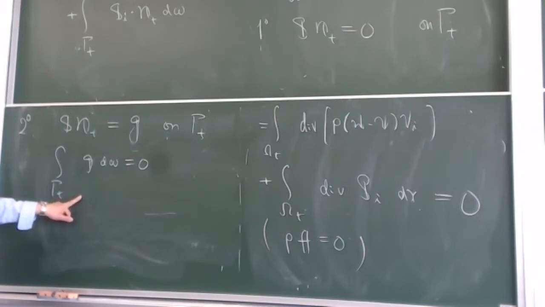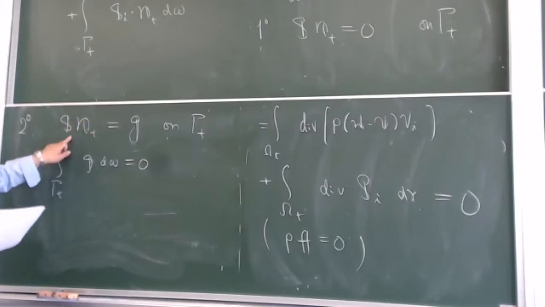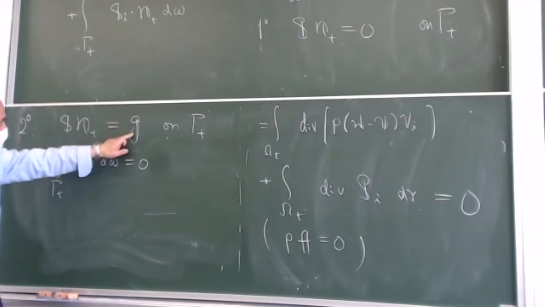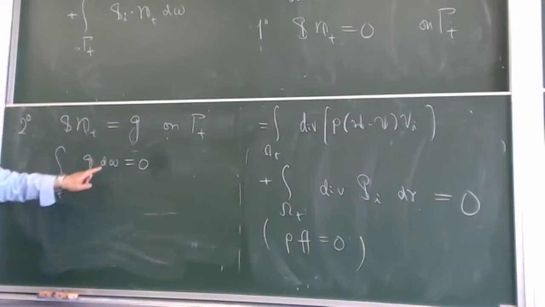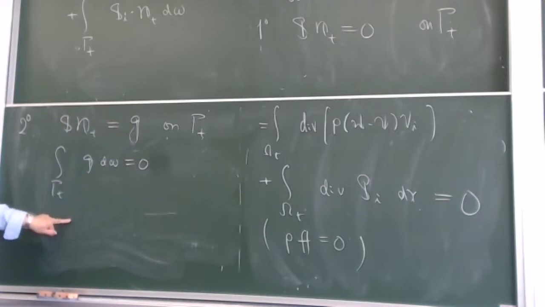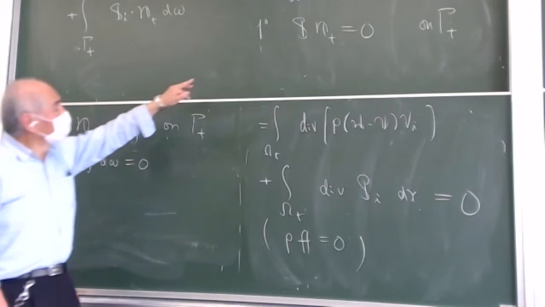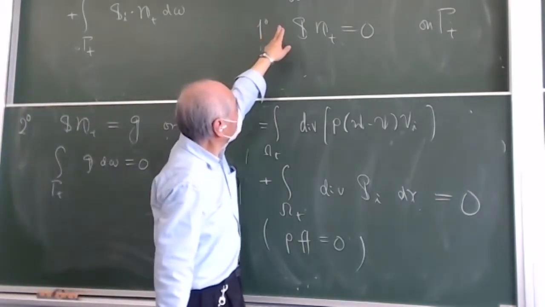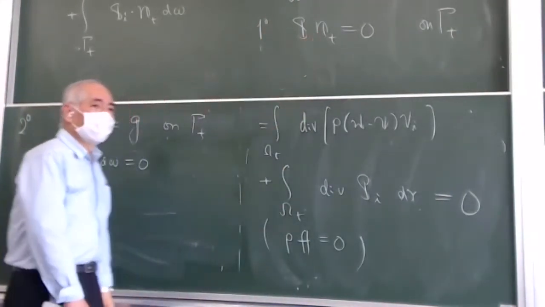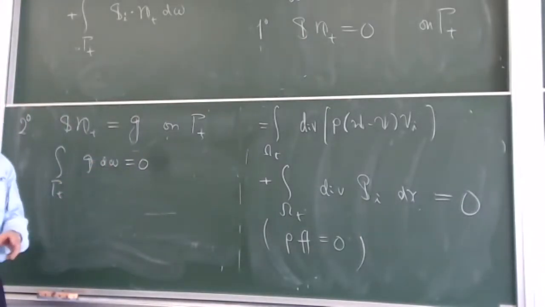If you consider a more concrete problem, then you have to consider the external forces on the boundary for the fluid. But then the suitable external forces should satisfy this condition mathematically. This is a requirement if you want to keep the conservation of momentum, which is a very physically natural condition.